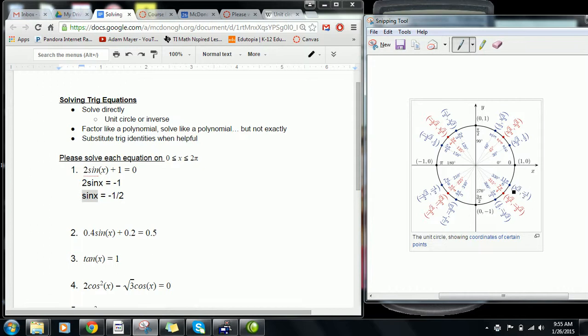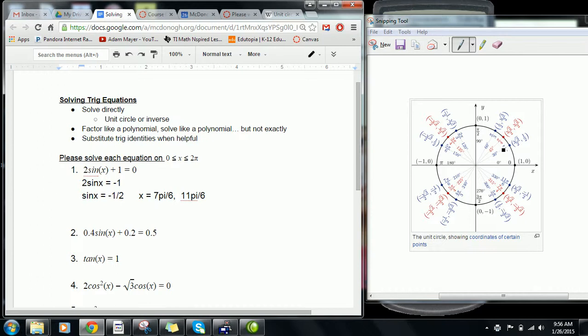So the angles I'm looking for are 210, or 7 pi over 6, or 330, or 11 pi over 6. This nice unit circle is thanks to Wikipedia. So on the interval 0 to 2 pi, my solutions are x equals either 7 pi over 6 or 11 pi over 6.